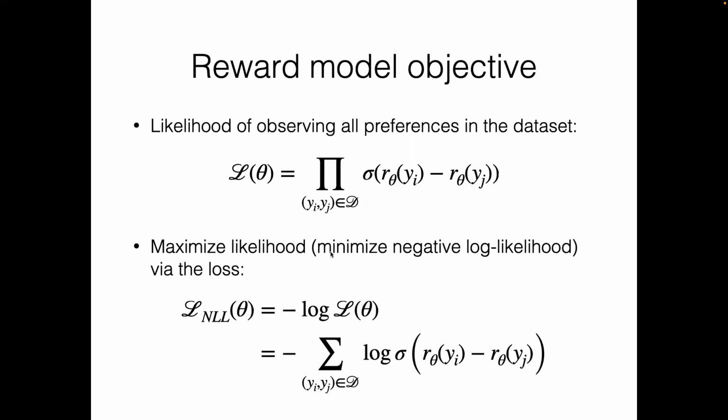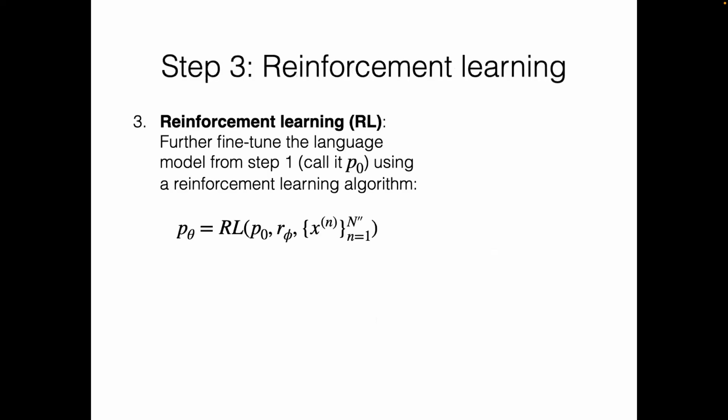And now we again see this loss that we've been seeing. Usually you'll use the log, and this will correspond to minimizing the negative log likelihood given your data set. So that was a quick overview of where that comes from.